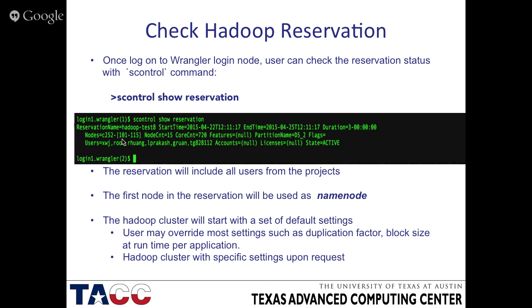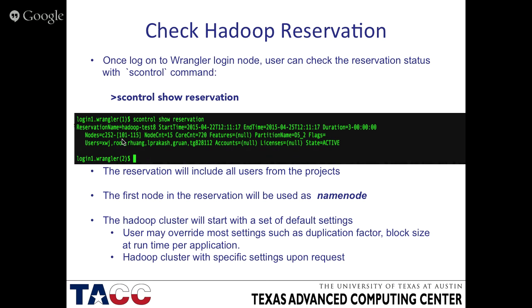We have a set of scripts that can automate the process. The Hadoop cluster will start with a set of default settings that are specified in those startup scripts. We have some of the default settings specified in the user documents. If you want to know some particular settings, once it's running, there's a Hadoop command you can use to get the configuration settings.